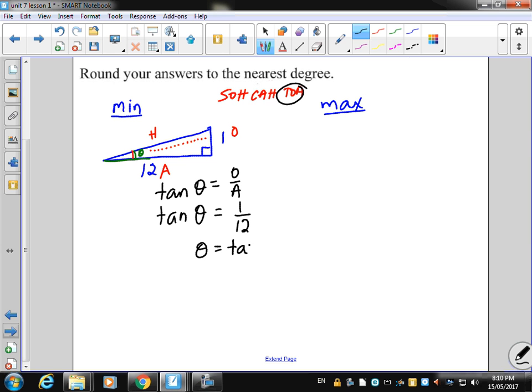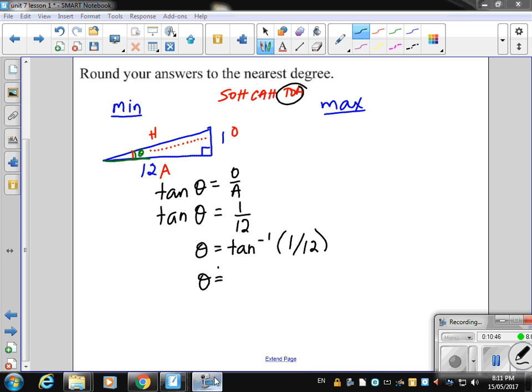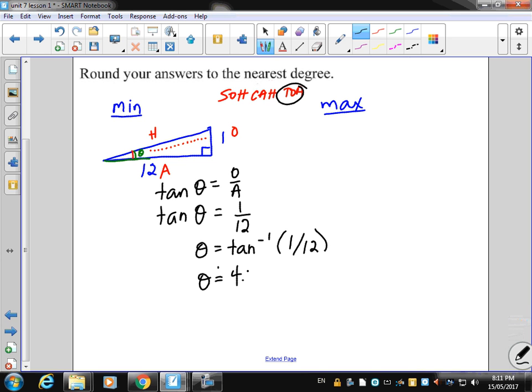So on your calculator, you do second function tan, gives you that, inverse tan of 1/12. So if you type it in as bracket, 1 divided by 12 bracket, you'll have the fraction 1/12. And our angle in degrees is approximately 4.76 degrees.